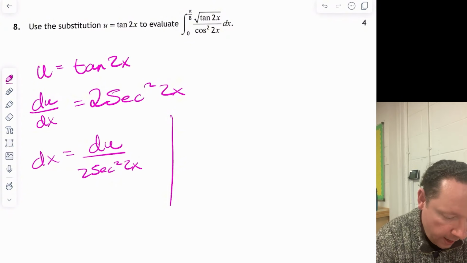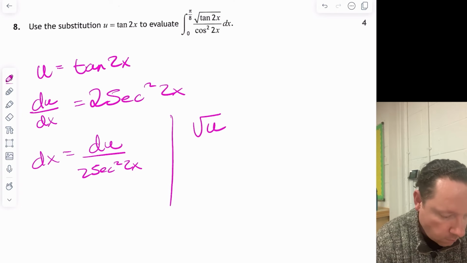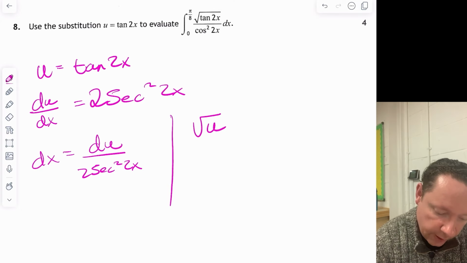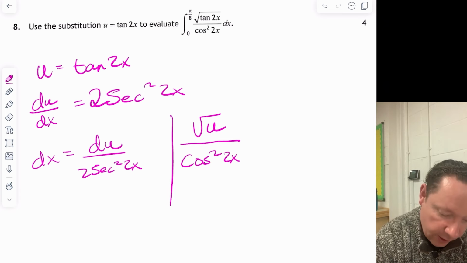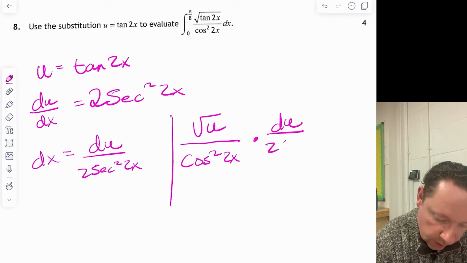Root tan 2x, well, u is tan 2x, so that's the root u I've got. And then we've got cos squared 2x on the bottom. I don't know what that is, so let's just leave it where it is. And I'm timesing that by du over 2 sec squared 2x.